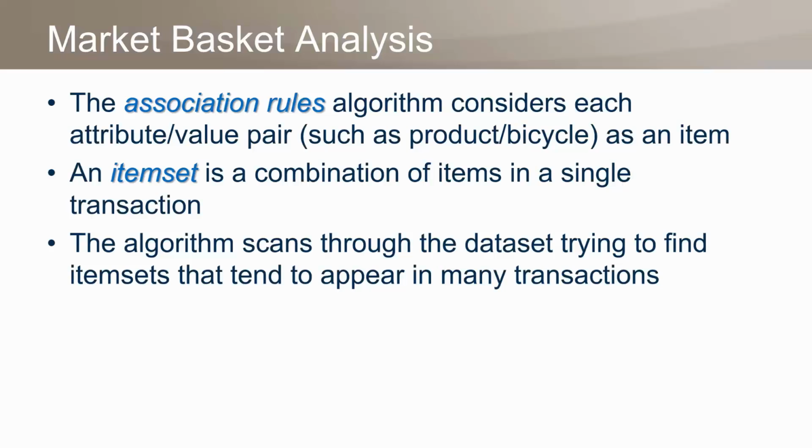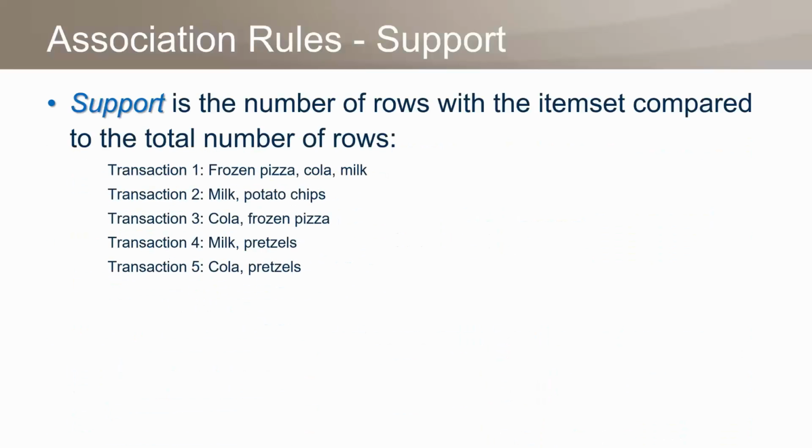The algorithm starts by scanning through the data set and trying to find item sets that tend to appear in many transactions. So it simply means we count how many times we get this combination of items and compare to the total number of rows or transactions.